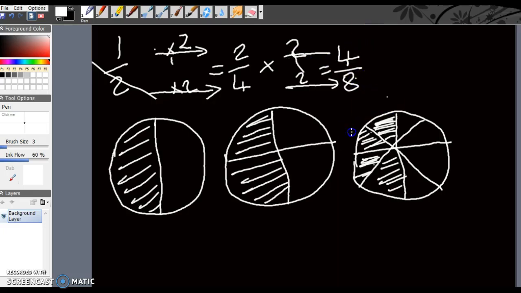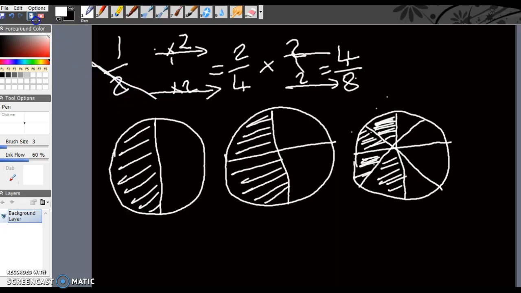So in result, it looks like multiplying the numerator and the denominator times the same number will result in an equal or equivalent fraction. But remember, they look different. Look at this one: 4/8, 2/4, 1/2. They look different, but we are not changing the value of the fraction because we are simply multiplying by a fraction that is equivalent to 1.